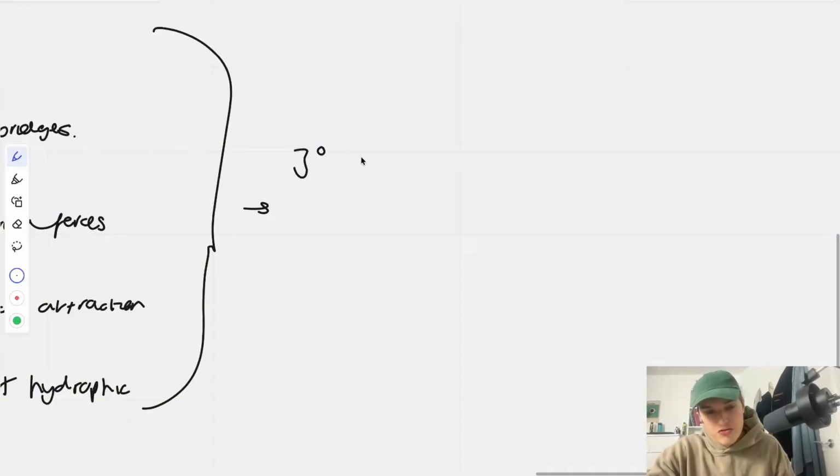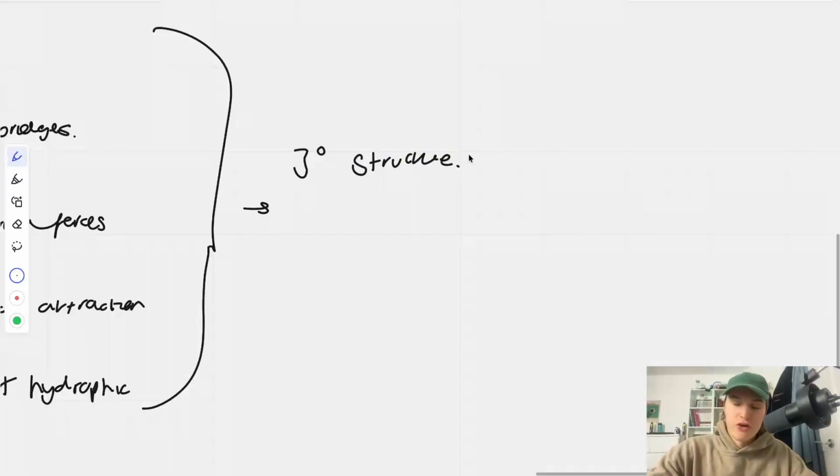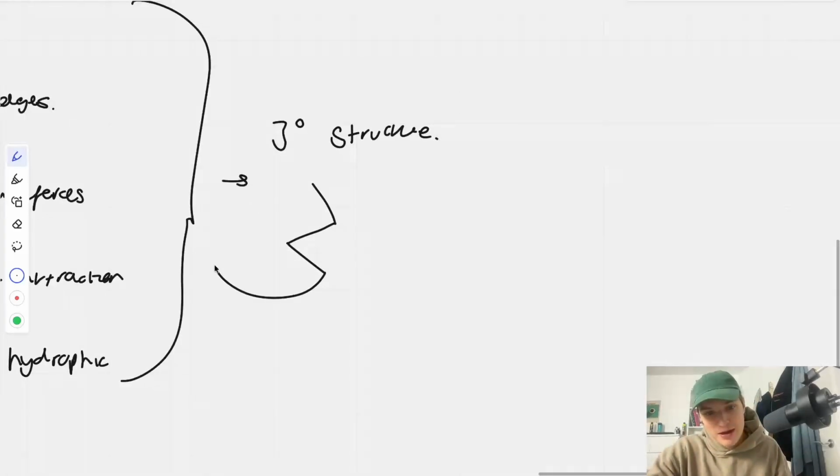I'm going to write 3 structure. So what actually is a tertiary structure? It's a specific 3D folding of the protein. Now, the tertiary structure matters so much because proteins entirely depend on their shape. For an example, an enzyme has to have a complementary active site to catalyze its substrate. So let's draw this enzyme like Pac-Man, and let's draw a substrate like this.